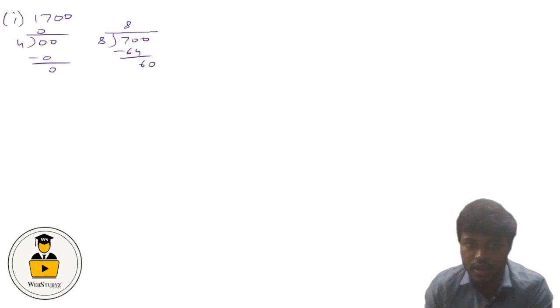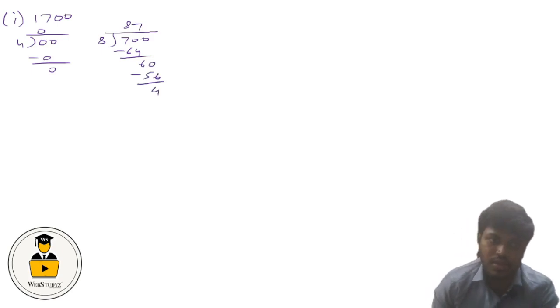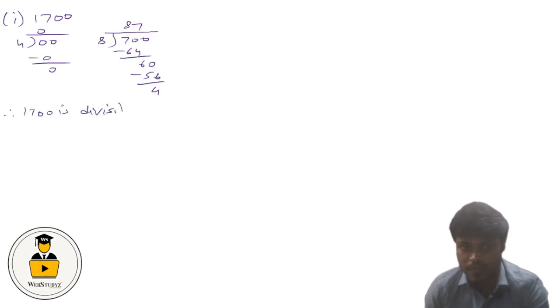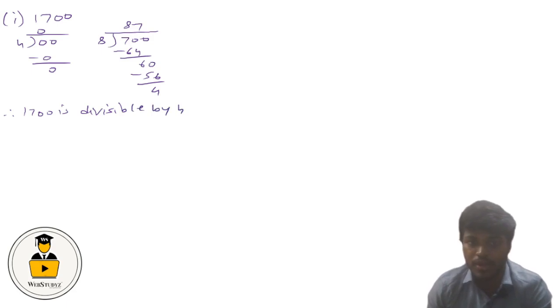So again 8 sevens are 56 and we are left with 4. So we can say that since the last two digits are divisible by 4, therefore the number is divisible by 4, but since the last three digits are not divisible by 8, it is not divisible by 8.